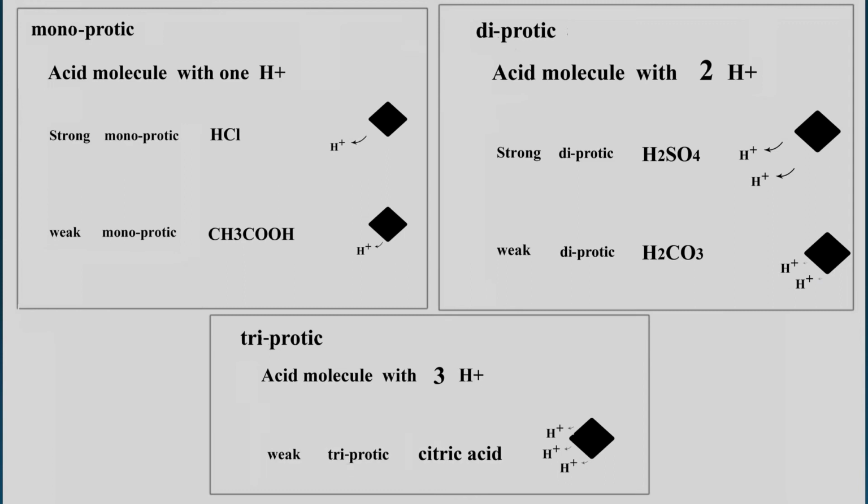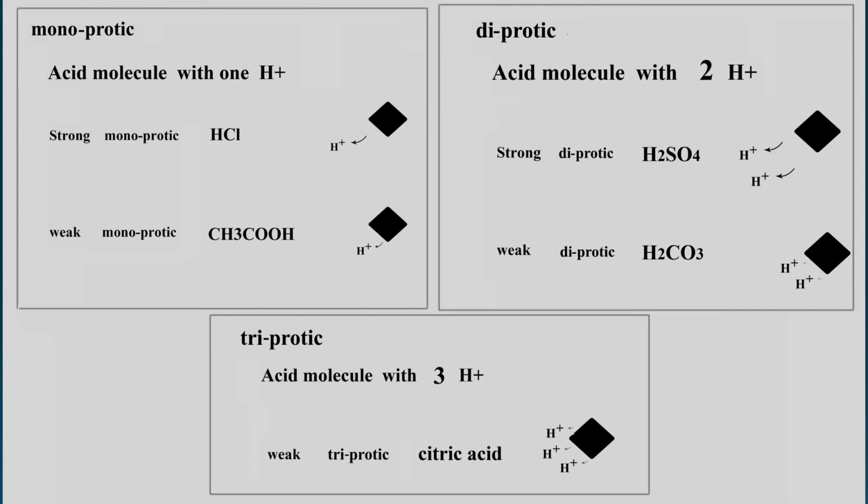Students, you may be confused about when an acid is going to be mono or di, and when it is going to be strong or weak. This is all based on the nature of the molecule itself. Like HCl, it is mono and it is strong. Like ethanoic acid, the bottom one, it is mono too, but it is weak.